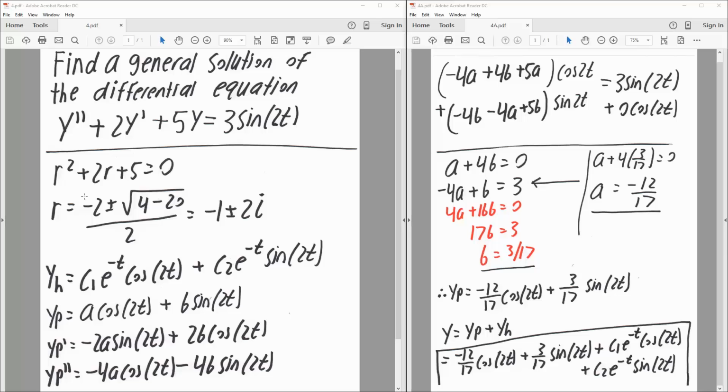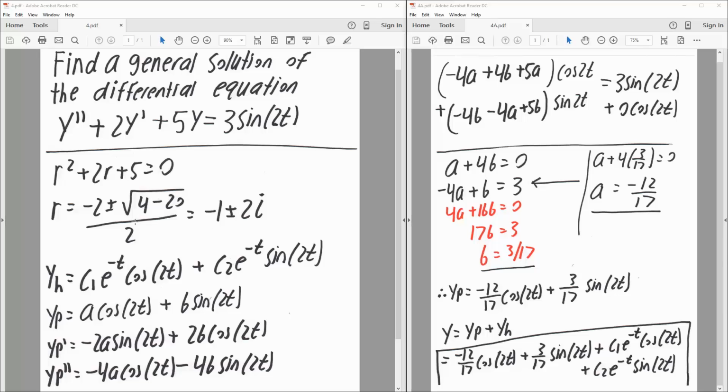That's going to be minus b, so minus 2, plus or minus the square root of b squared, so 4, minus 4ac, so 4 times 1 times 5, which is negative 20, divided by 2a. So negative 2 divided by 2 is negative 1. 4 minus 20 is minus 16, so plus or minus 4i, so plus or minus 2i since we're dividing by 2.